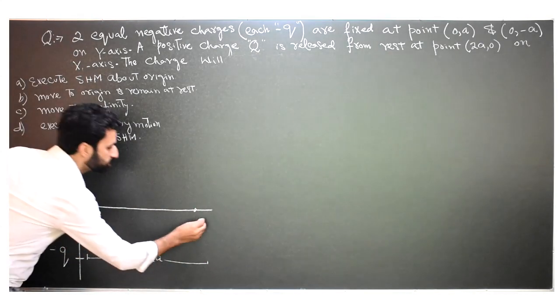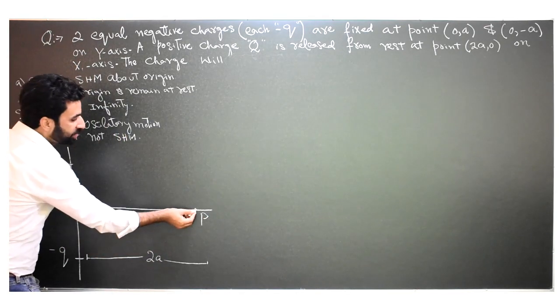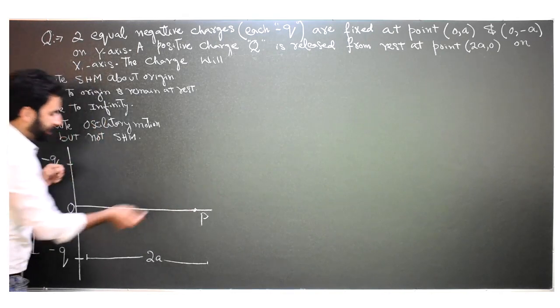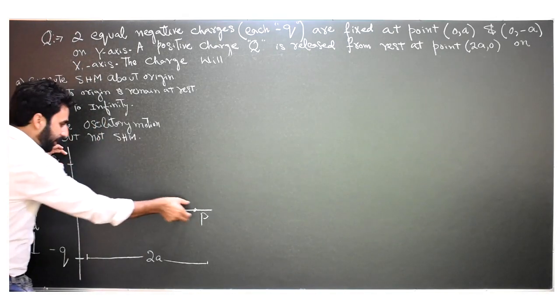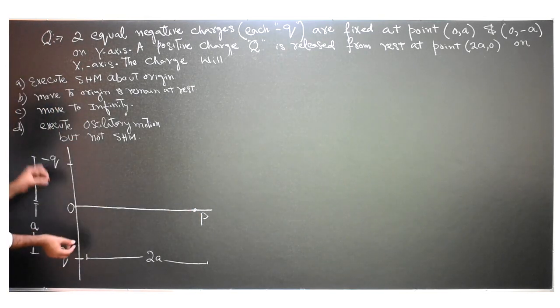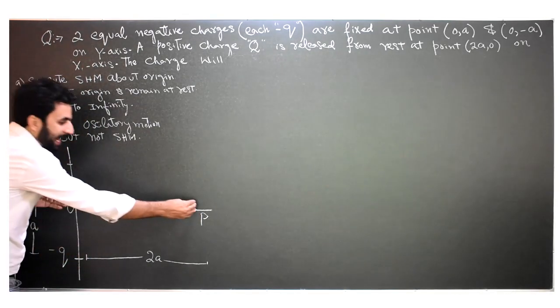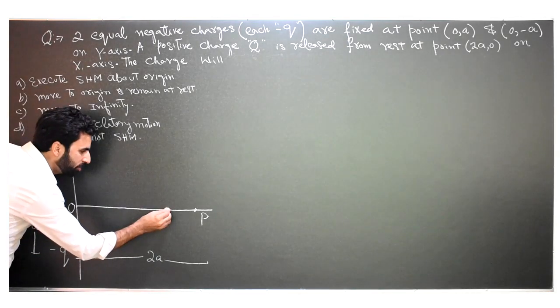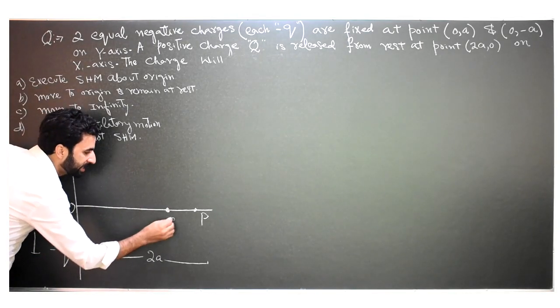Let's call this point P. You are releasing a charge capital Q, which is positive in nature. Now this negative charge will attract that positive charge, and this negative charge will also attract that positive charge. Both these charges will attract that positive charge, and at a particular instant, suppose this charge is at this point.